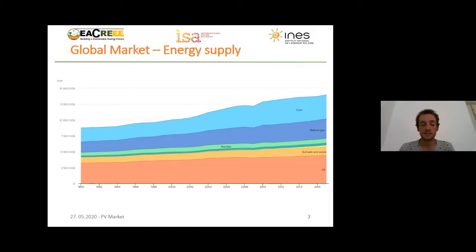As maybe you know, the International Energy Agency announced 2 years ago that the global peak for conventional oil was passed in 2008, so almost 12 years ago.